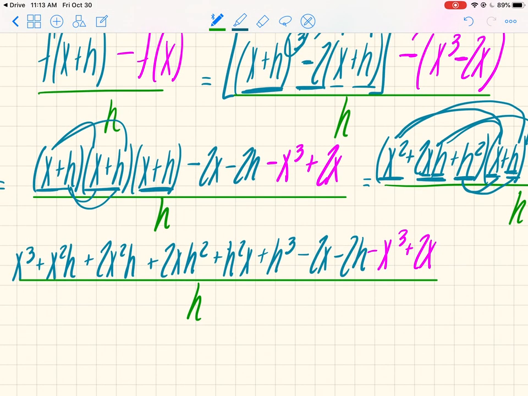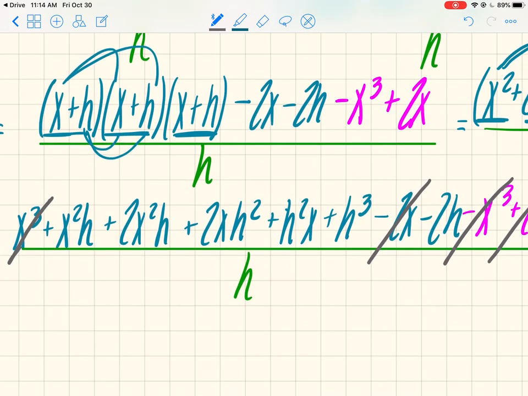So now I'm looking for things that I can subtract or add together to get rid of. So I've got an x cubed and a negative x cubed. I've got a negative 2x and a positive 2x. And then let's look for things we can combine. So we've got an x squared h and an x squared h. We've got an x h squared term and an x h squared term.